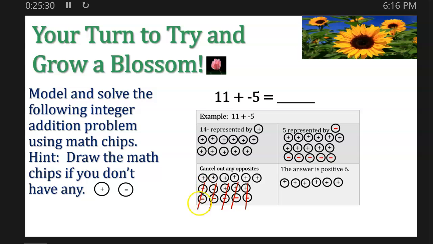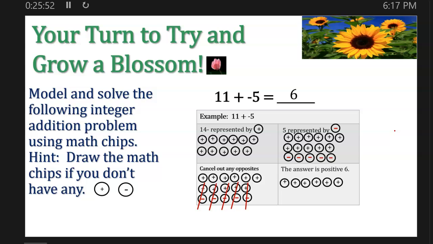And then I canceled out all of the opposites. So we have a positive, negative, cancel out, positive, negative, cancel out, all the way. And we are left with 6 positive chips. So that means our answer should be 6. So hopefully you got that and you were able to do that by showing the modeling, by showing the chips.